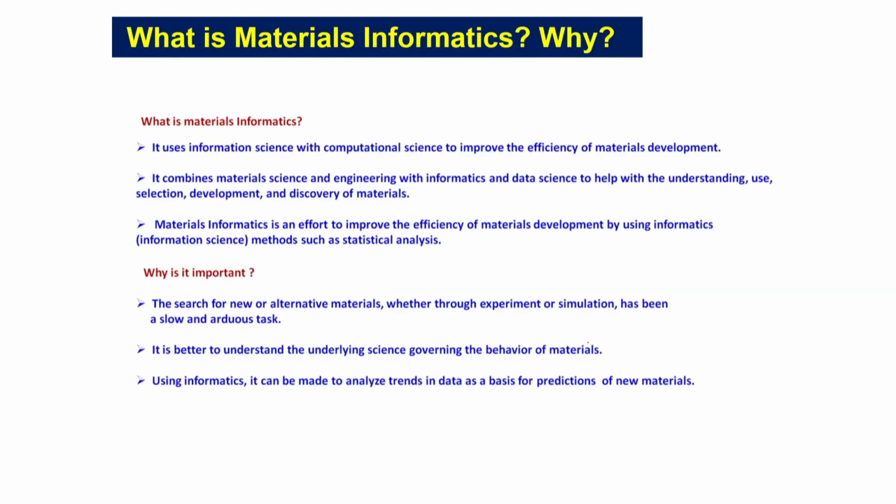So, that is what it is. And why do we do material informatics? Well, this is what is shown here. The search for new material is very important for society as well as technology, right. And this is always required if you want to have a new gadget, new material, new technology for your purpose.